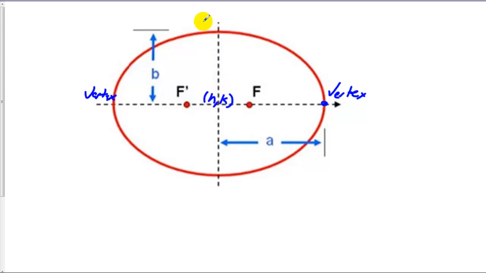Now, we're going to call this up here a covertex. Some books call it a vertex. I'm not a big fan. And this is also a covertex. And the distance from the center out to that covertex is b. The vertex distance is always the longer of the two.